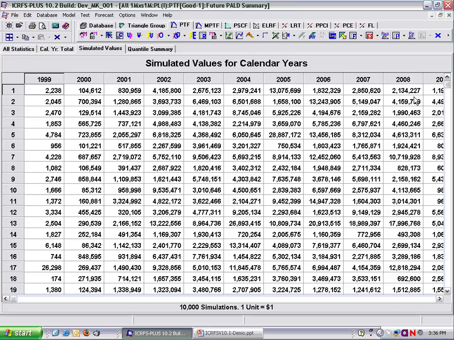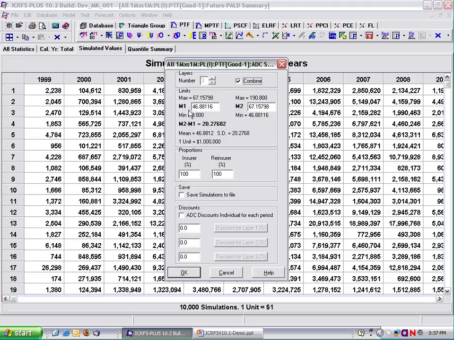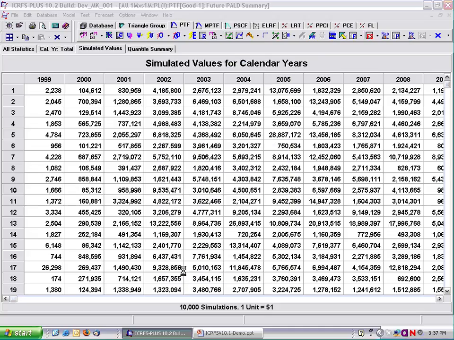So if the total losses for that underwriting year exceed 47 million, as you observe it by calendar year, then the reinsurance kicks in. When it exceeds $67 million, it reverts back to the insurer. So here's the reinsurance. The two attachment points are around 47 million and 67 million, and let's find out what the answers are.